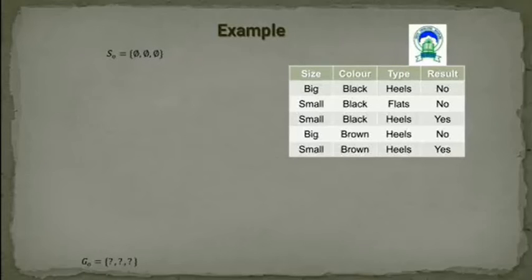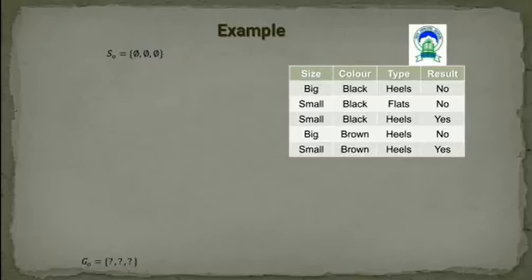We have taken 3 values of phi and question mark, as we have 3 attributes. Now we have to compare these values, phi with big. Is it a match? Sorry guys, I have to tell you an important thing here. Phi in the specific hypothesis is unchangeable, that means you cannot exchange it with other values, whereas the question mark in the general hypothesis is replaceable, so you can replace it with other values also.